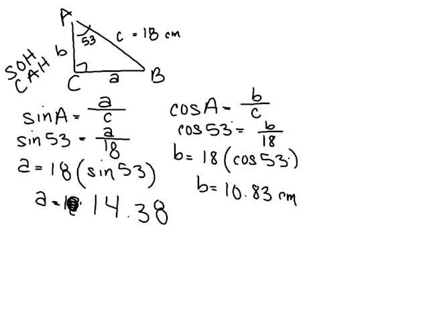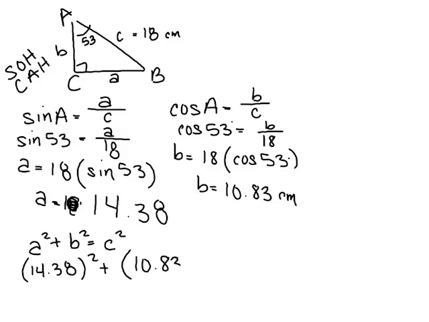Should we check using the Pythagorean theorem? A squared plus B squared equals C squared. Okay. So let's do A squared plus B squared. So I have 14.38 squared plus 10.83 squared.